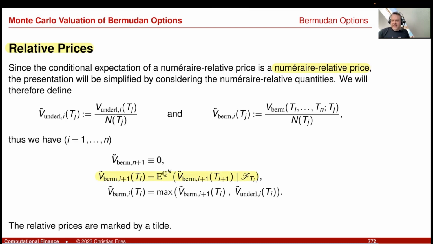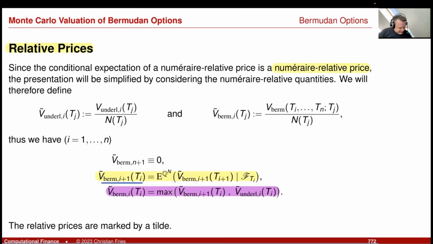And then you see that the evaluation of the Bermudan actually is an alternating interleaving of these two operations. So take the expectation of the value at the later time, which gives you the value at the current time. And then on this value, apply your exercise criteria, so maximize this. So you see, you get from the expectation here the value of the Bermudan that has exercise states starting in T_{i+1}, but observed in T_i.